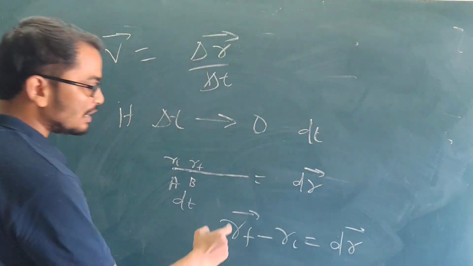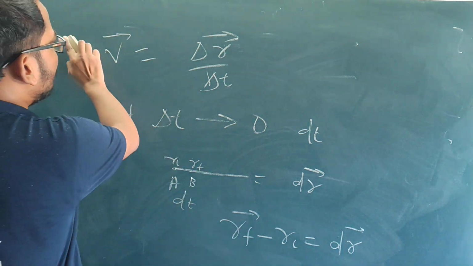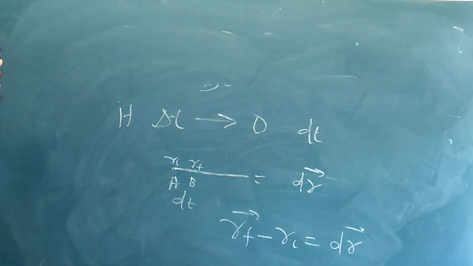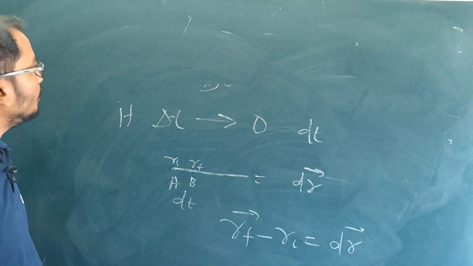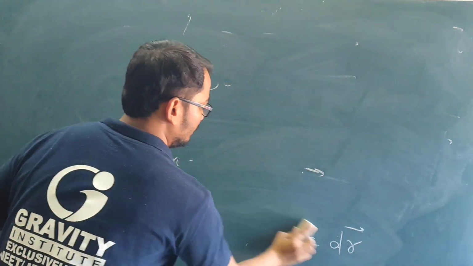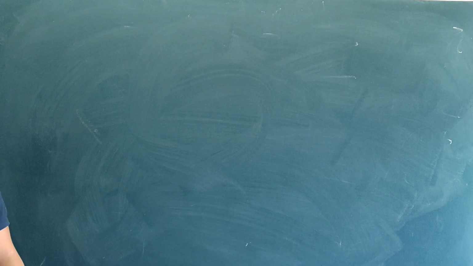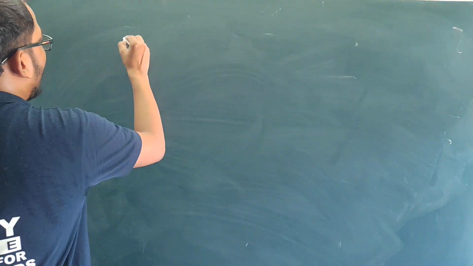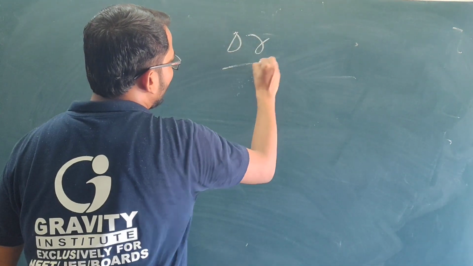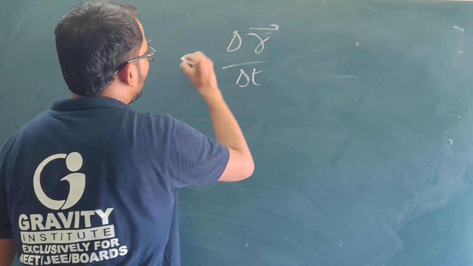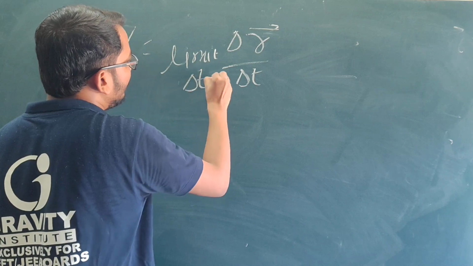If displacement is very small, we can write velocity as delta R divided by delta T, limit delta T tending to 0.